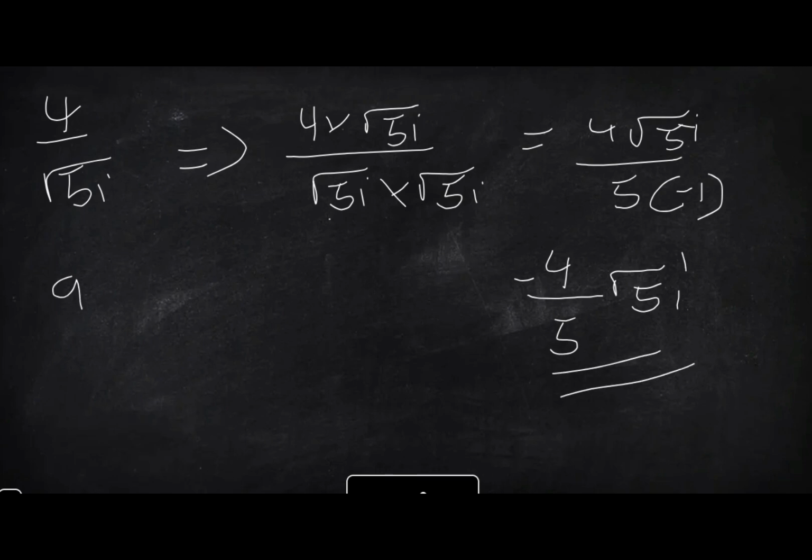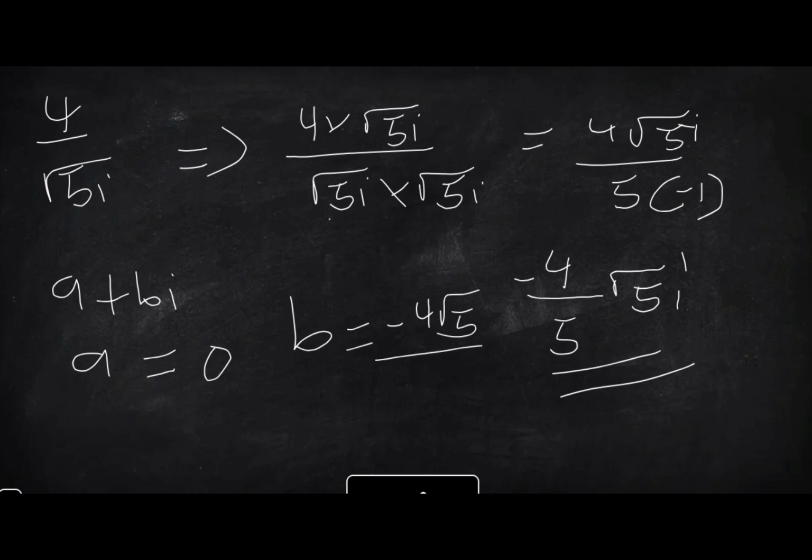From a plus bi, the value of a is 0, the value of b is negative 4 root 5 over 5.